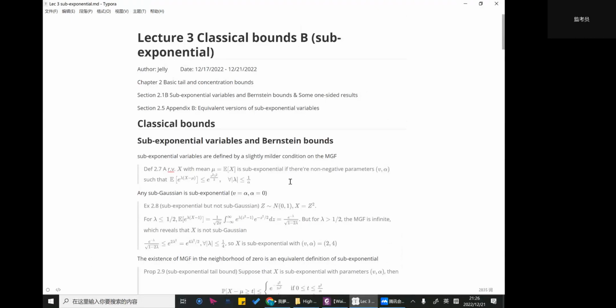So this is the end of section 2.1. We talked about the Chernoff bound, sub-Gaussian variables, sub-exponential variables, with a summary of several equivalent conditions of these variables and some properties of these variables. We have two-sided bounds and also one-sided results.